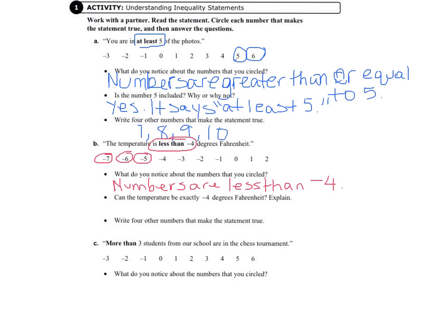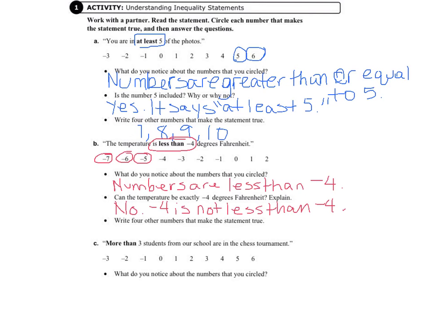And our next question is, can the temperature be exactly negative 4 degrees Fahrenheit? And explain. And I already sort of hinted at that. The temperature cannot be exactly negative 4 degrees Fahrenheit because negative 4 is not less than negative 4. So we're going to go ahead and write that.